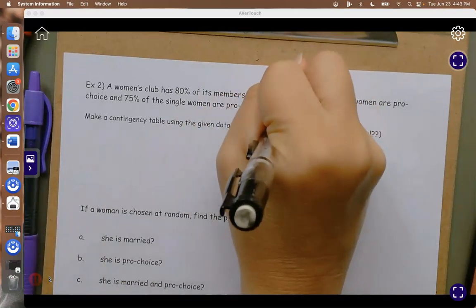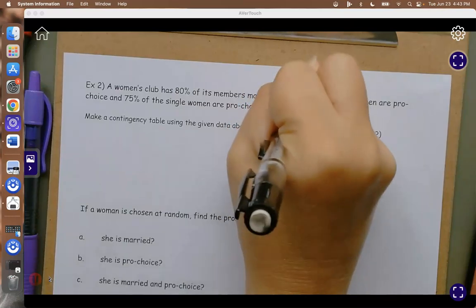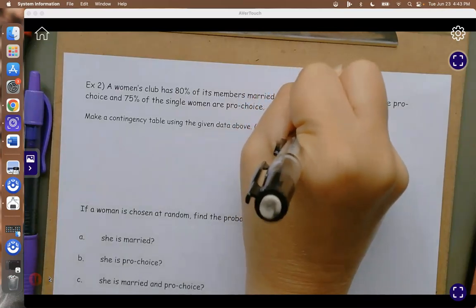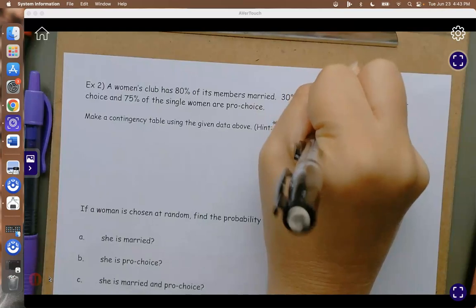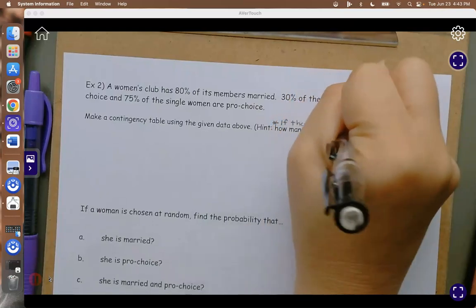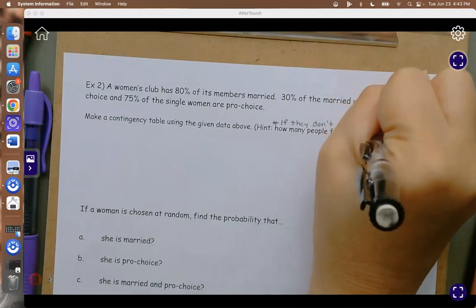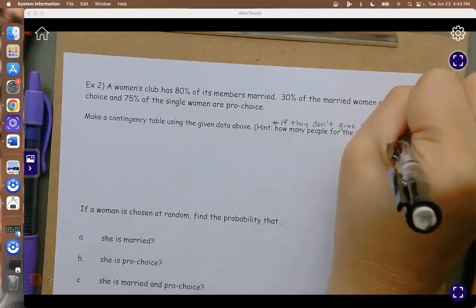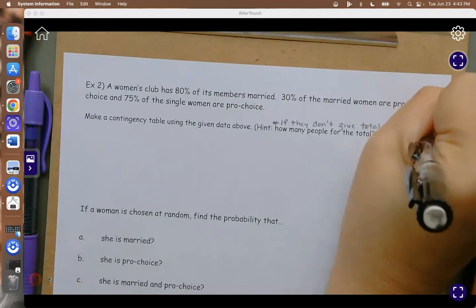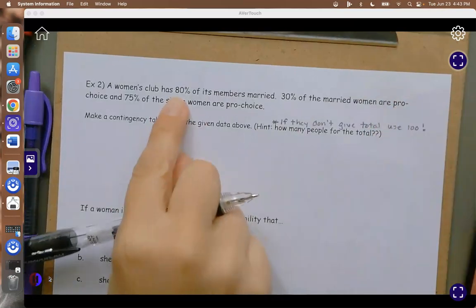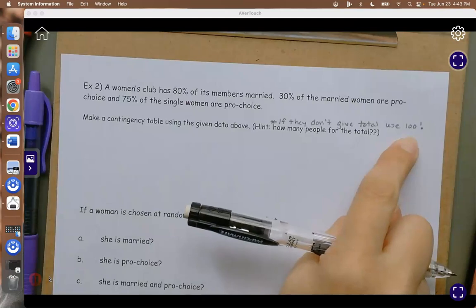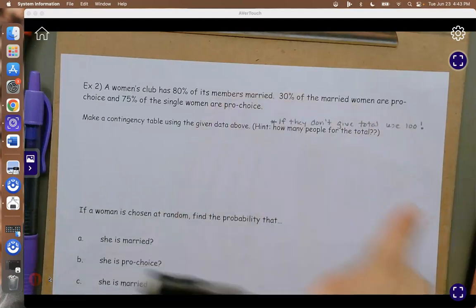So, if they don't give a total, use 100. That way when you say 80%, 80% means out of 100.